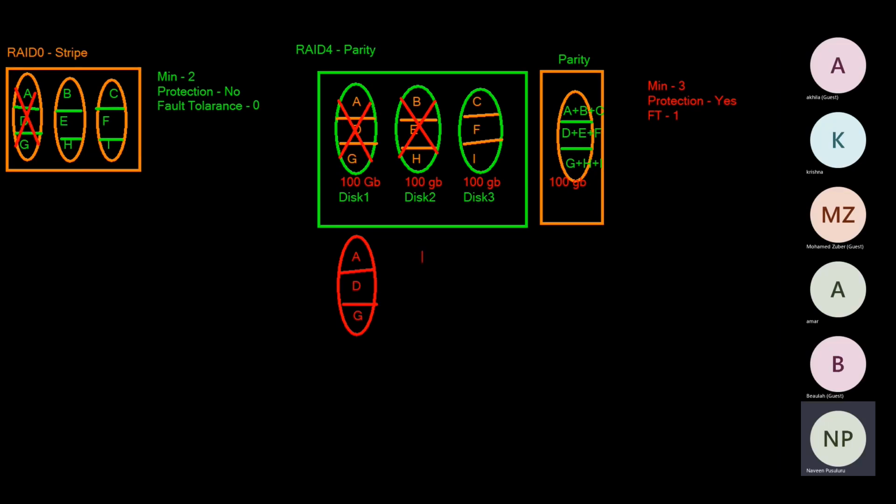If you want to understand in depth how parity can hold the data of multiple disks in a single disk, just Google XOR and study it, because this concept works based on the XOR algorithm.